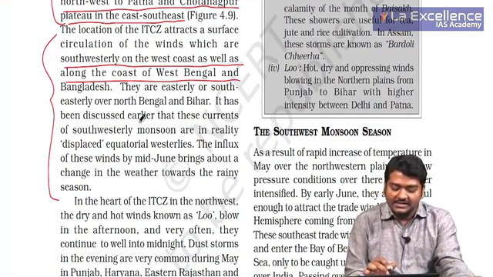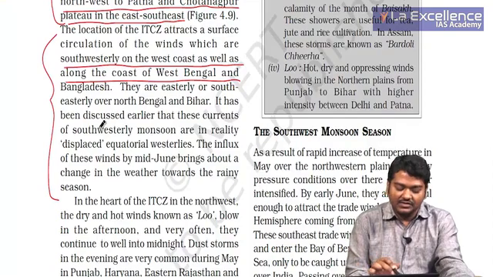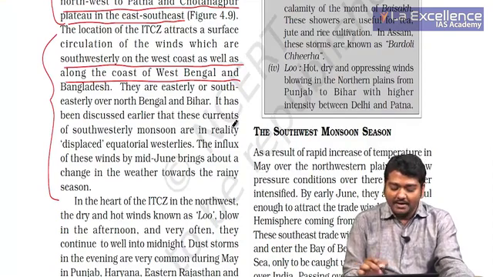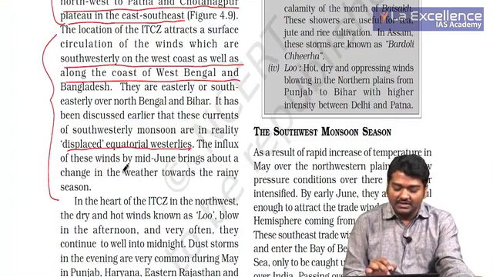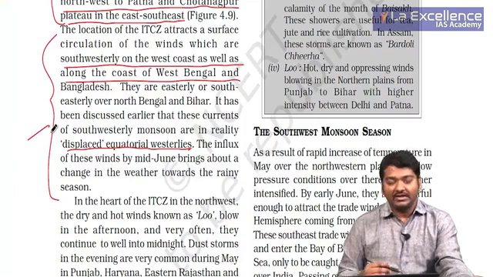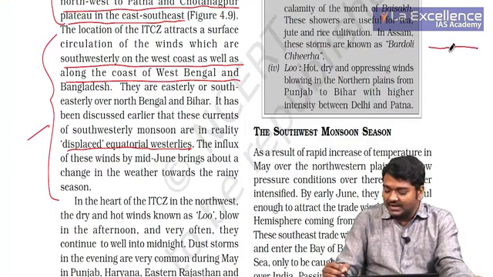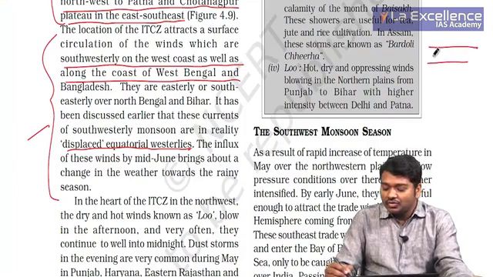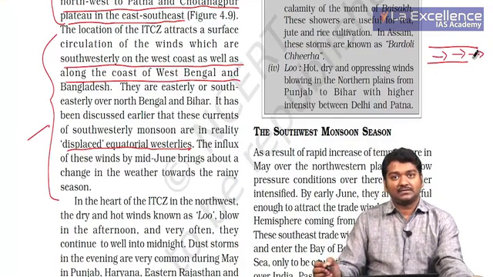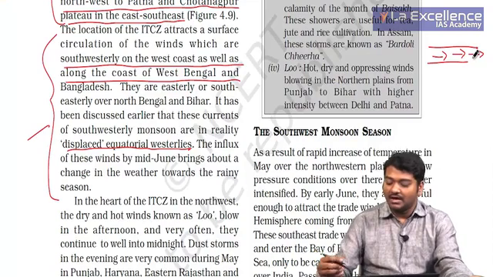It has been discussed earlier that these currents of southwesterly monsoons are in reality displaced equatorial westerlies. The influx of these winds by mid-June brings about a change in the rainy weather. See, what they are trying to say is, in the ITCZ, we usually observe the winds blowing like this because of the rotation of the earth.